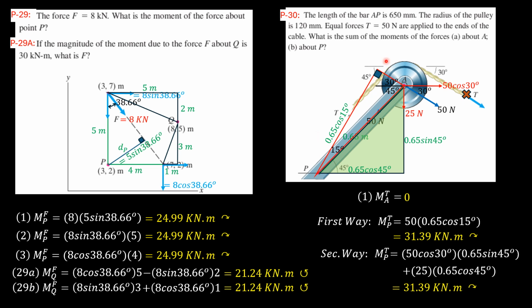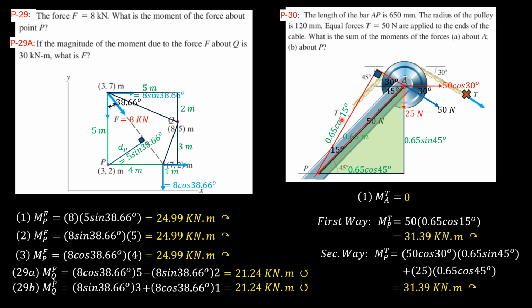So this is a right triangle, this red right triangle here, 90 degrees there. The perpendicular distance is 0.65 cosine of 15 degrees. Now 15 degrees is computed because this angle is also 30 degrees, then plus 45 degrees, so 75 degrees. Therefore, this angle here, 15 degrees, is 90 degrees minus 75 degrees.